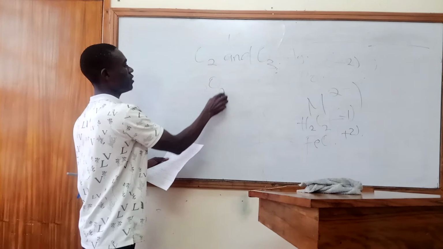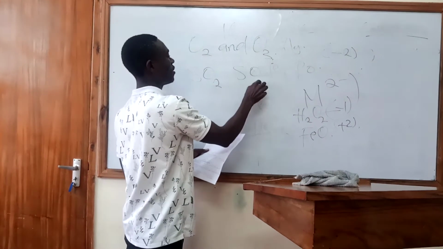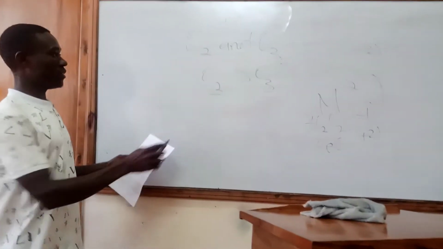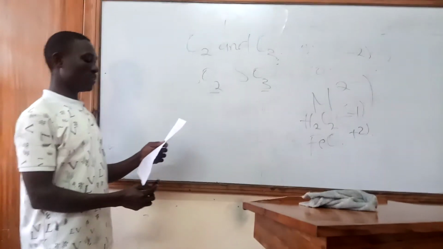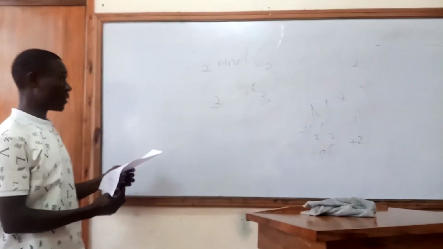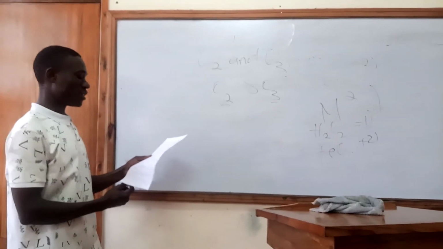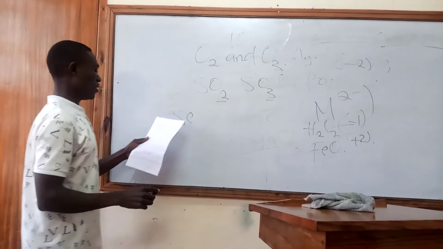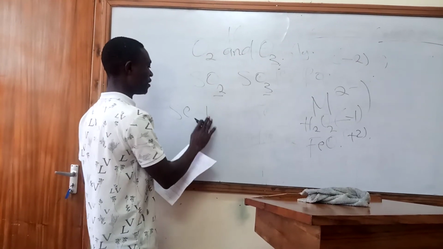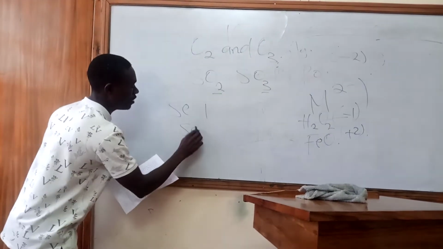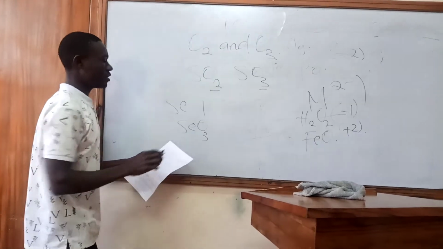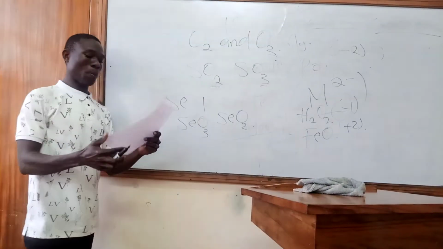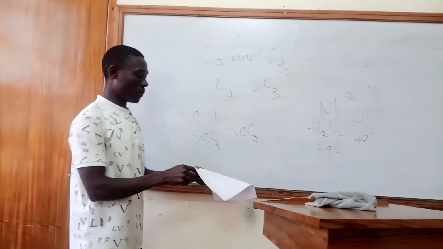This one is a colorless gas with a choking smell. Selenium, on the other hand, also forms trioxide and dioxide. So that is selenium trioxide and selenium dioxide.